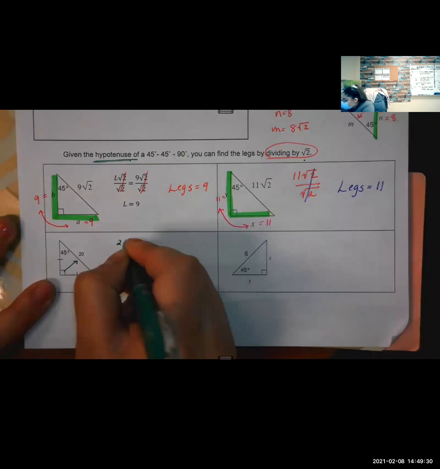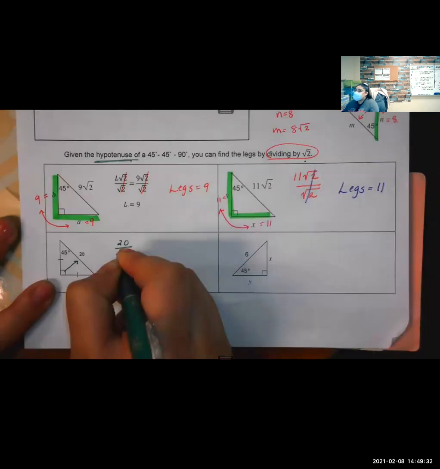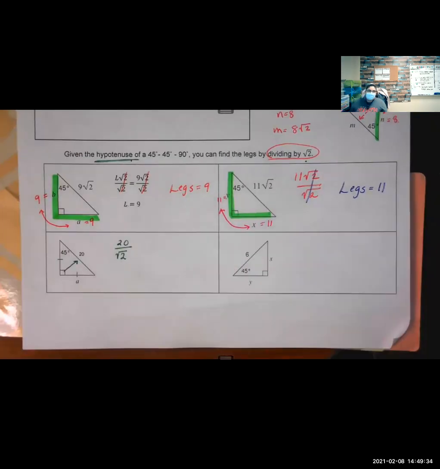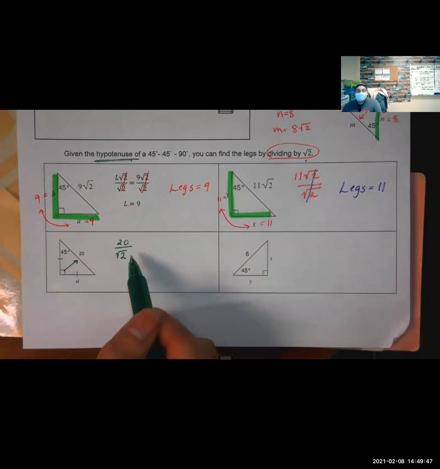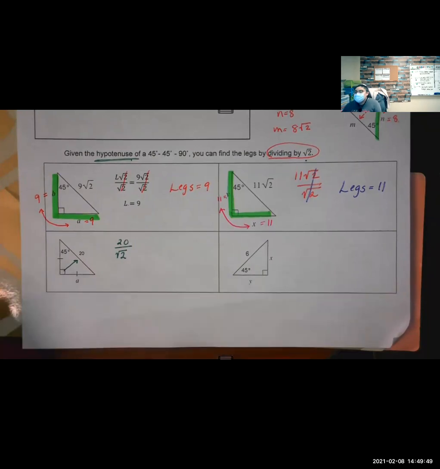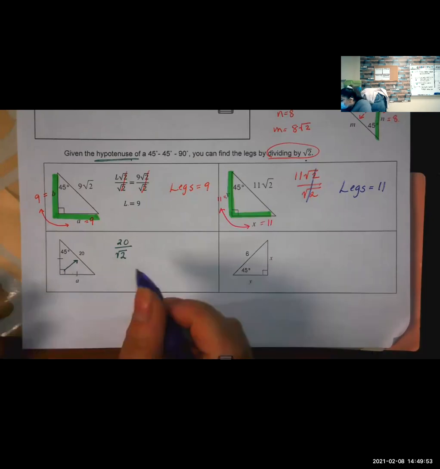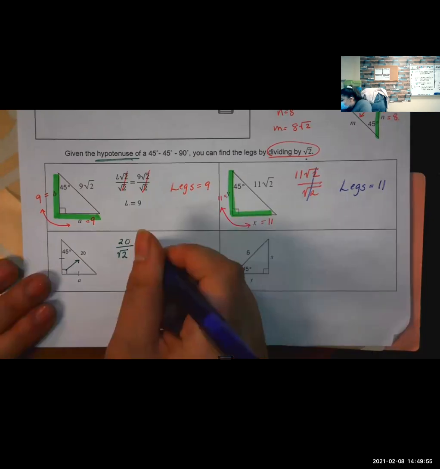If I divide 20 by the square root of 2, nothing cancels. So this is why we were told or shown how to simplify division of radicals. We're not allowed to have a radical in the denominator. So to cancel the radical in the denominator, we multiply by the radical on the bottom.